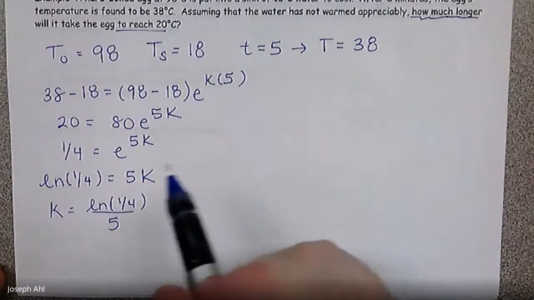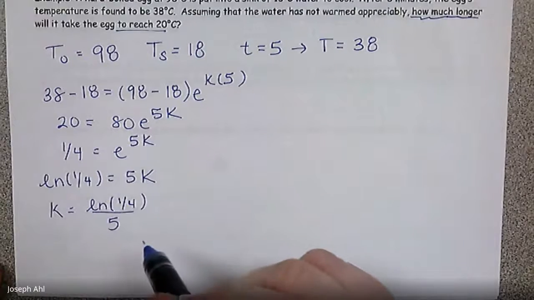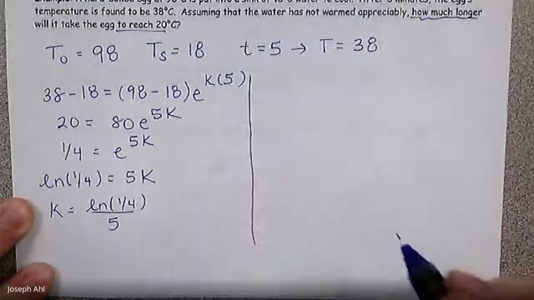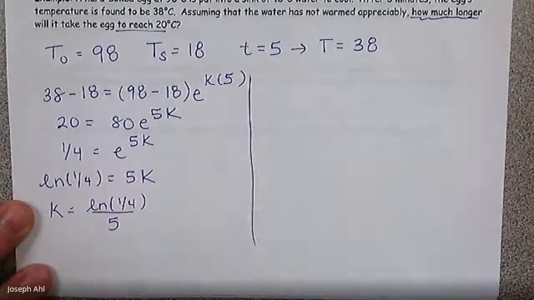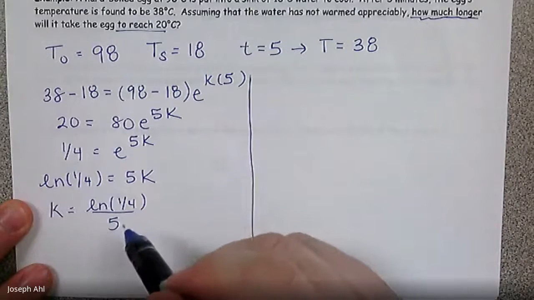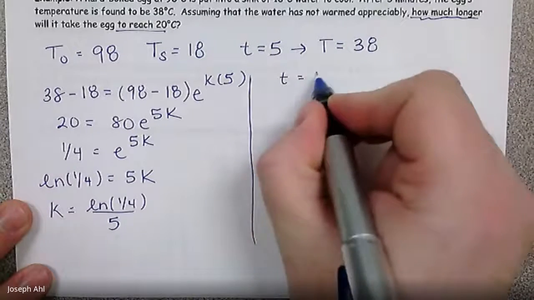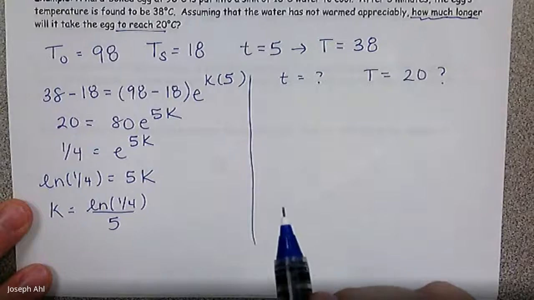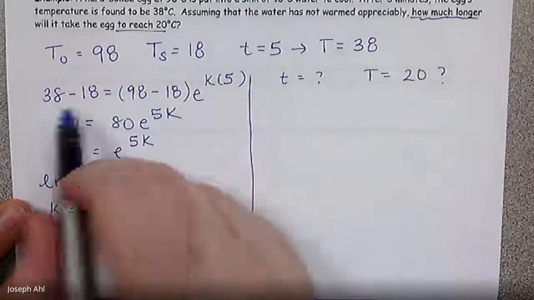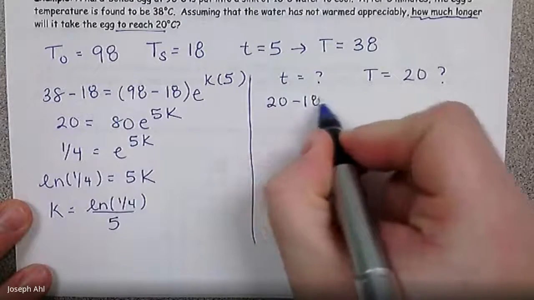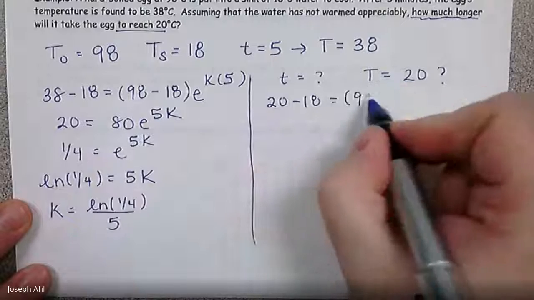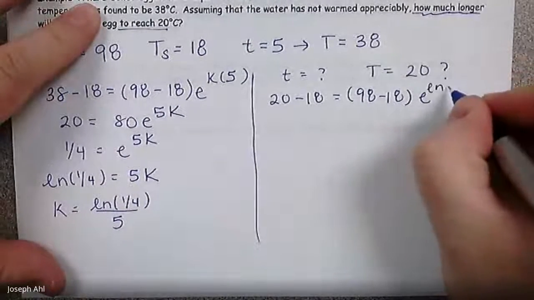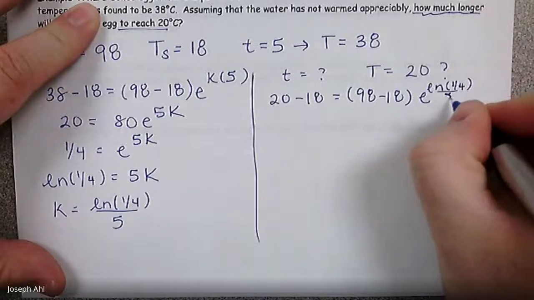Okay. Now that I know this value, this constant for the rate, we're going to apply that over here where we're looking for what's happening when capital T is 20. So since we know the value of k, what's little t when capital T is 20? So when I plug in 20 for T, we're going to get 20 minus 18 on this side. And again, the initial is still the 98 minus 18 over here, e to the k, I squeeze in ln of a quarter over 5, times t.